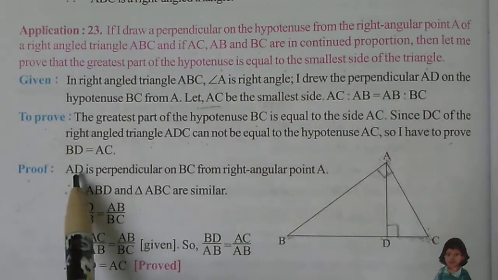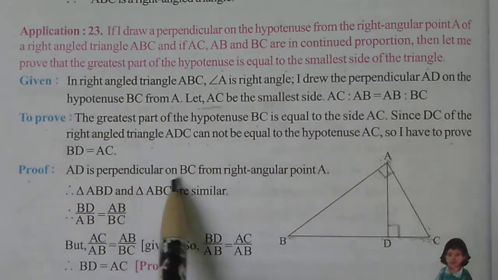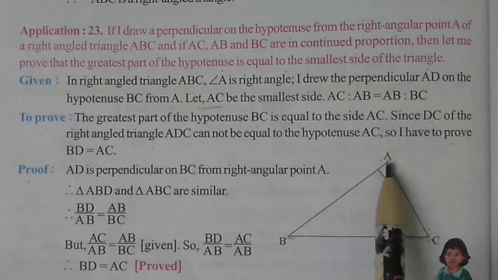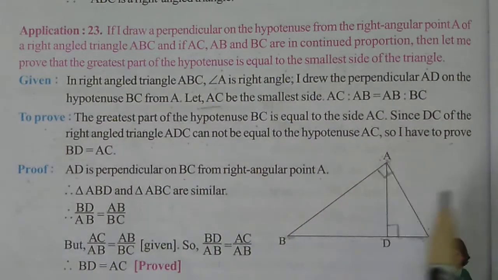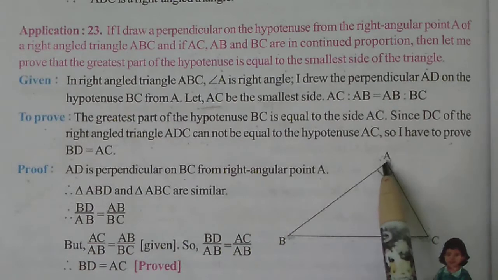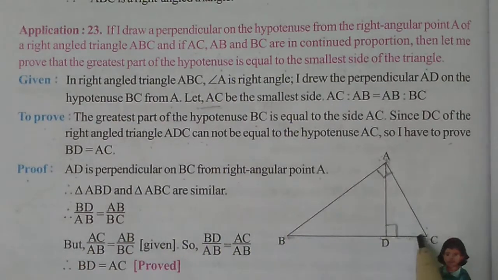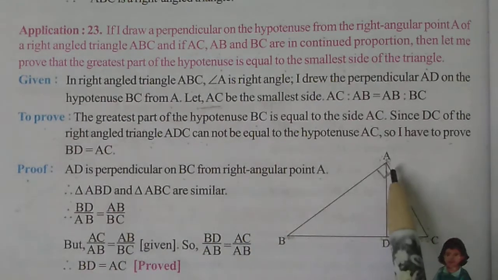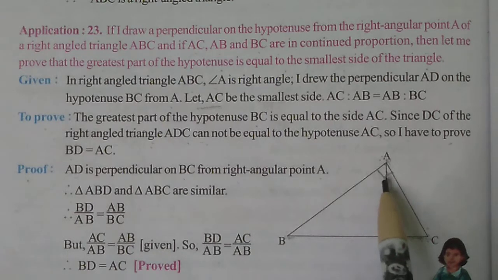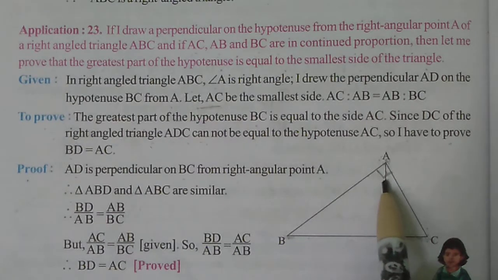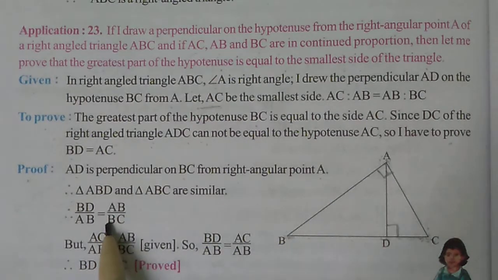Proof. AD is the perpendicular on BC from right angle A. Hence we know that triangles ABD and ABC are similar from the previous theorem. Hence we know the ratio of the opposite sides of the equal angles are in proportion.